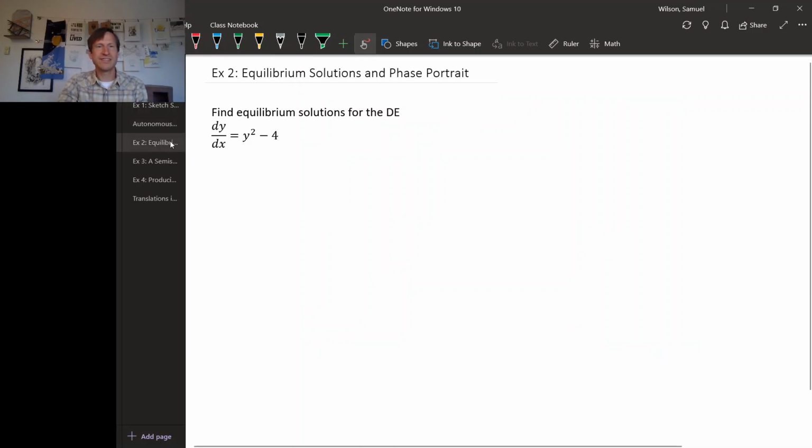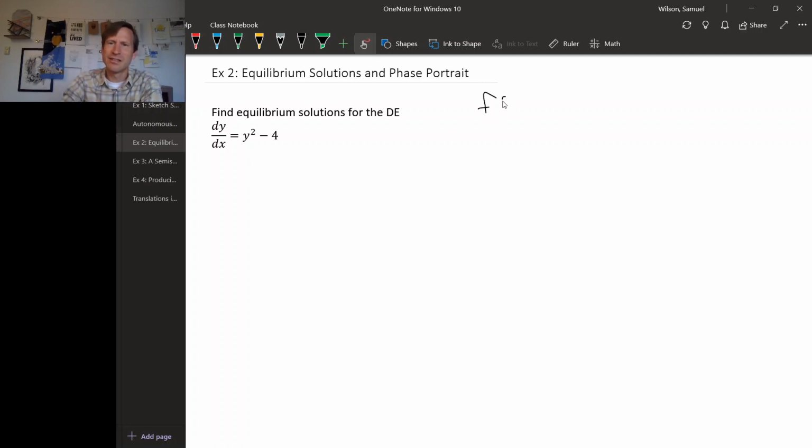All right, well, let's use this idea to find equilibrium solutions for this differential equation. So this is an autonomous differential equation because x does not show up on the right-hand side of this differential equation. And even before we start, the right-hand side of our differential equation, which is y squared minus 4, is continuous on the entire xy plane, and its derivative with respect to y is 2y, and that's continuous on the entire xy plane.